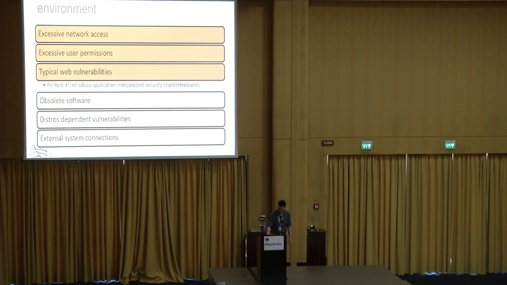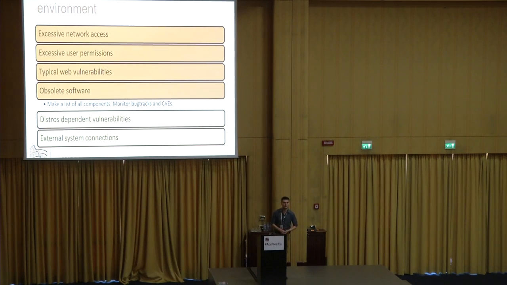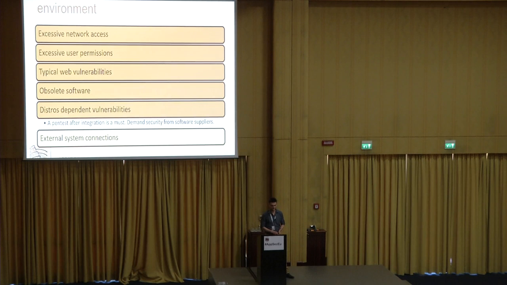web assessment. For the obsolete software, make a list of all components. There is an OWASP tool for gathering all software versions and keeping track of the CVEs connected to them. Then there are distribution-dependent vulnerabilities.